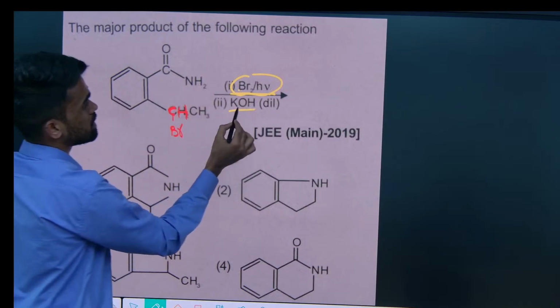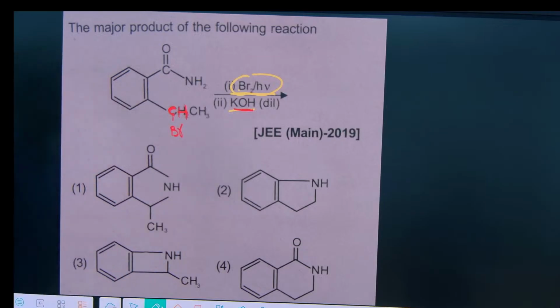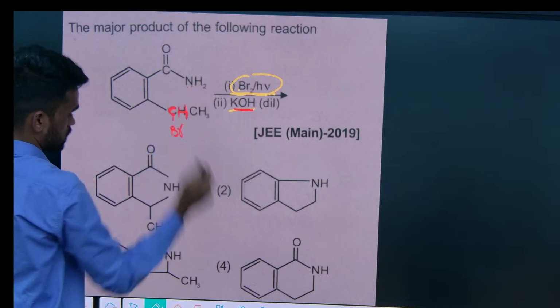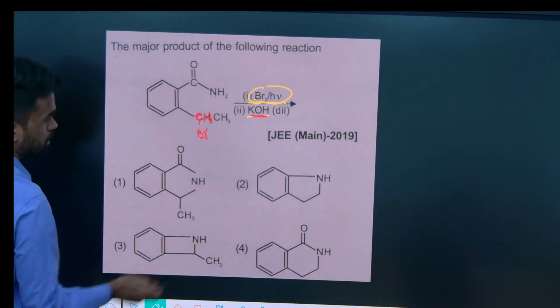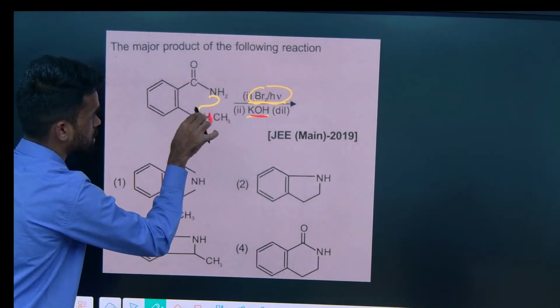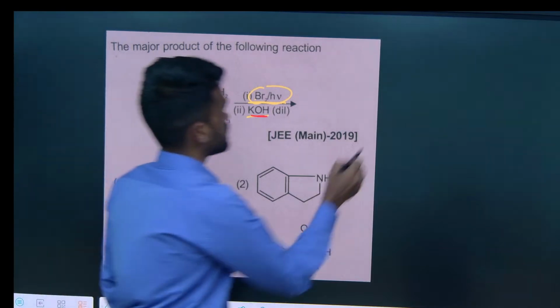Now it is treated with dilute KOH. What happens? Here you have a lone pair of electrons on nitrogen. These lone pairs will attack this carbon, and bromine goes out. So what is forming?